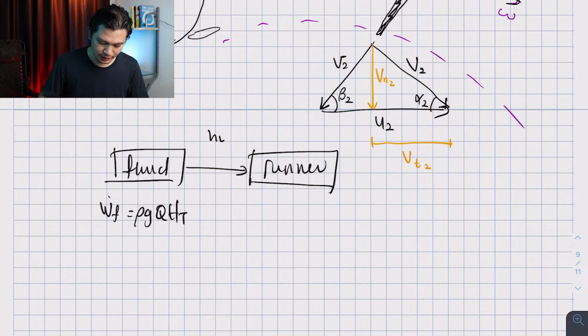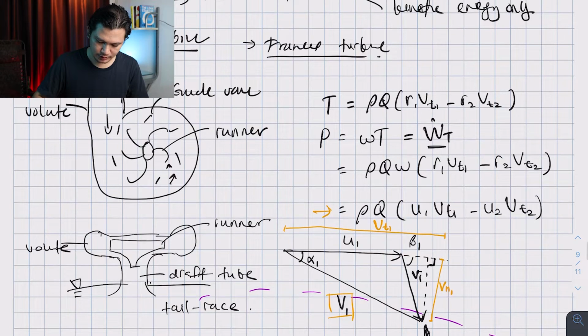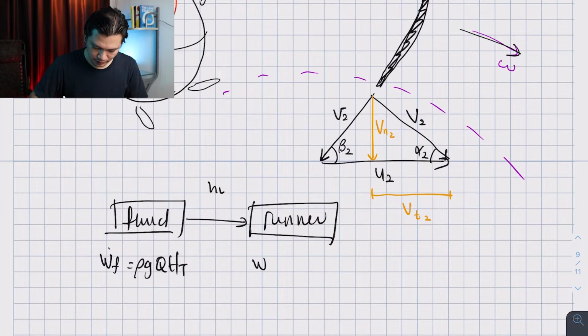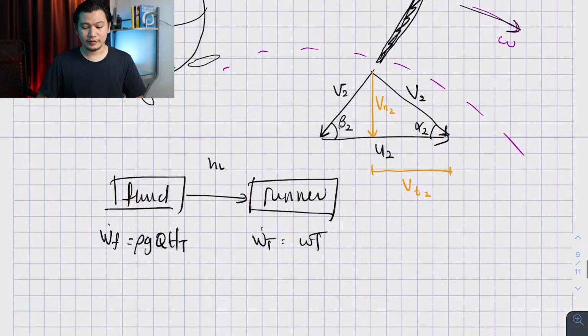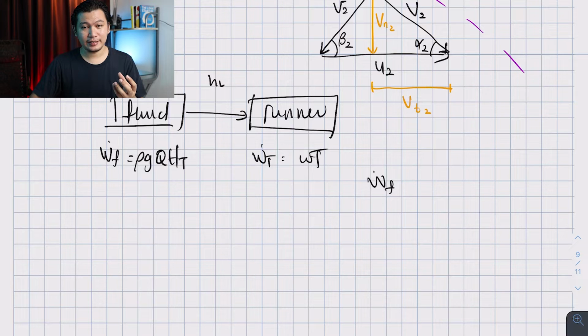For the runner, the power at the runner is this power, W dot T, and W dot T, as we know, is omega times torque. From this illustration, I think you can imagine that the work of the fluid is going to be higher than the work of the turbine.